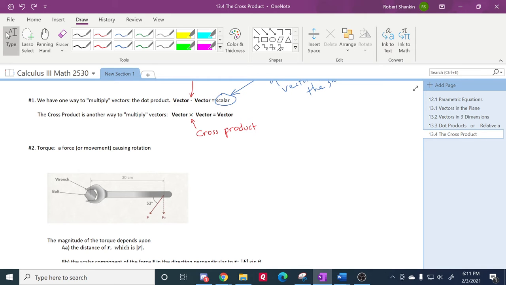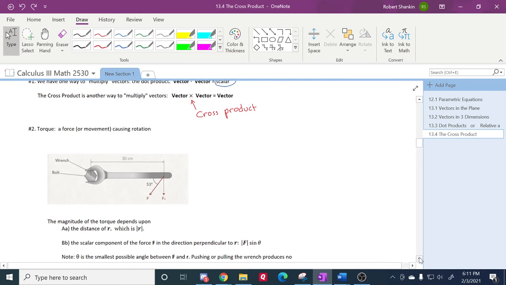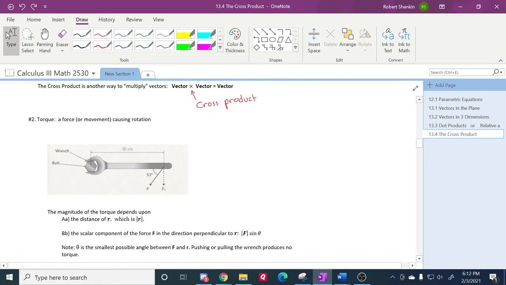So we're familiar with this, with bolts and a wrench. And on this wrench, the magnitude of the torque that we can exert depends upon the distance r.